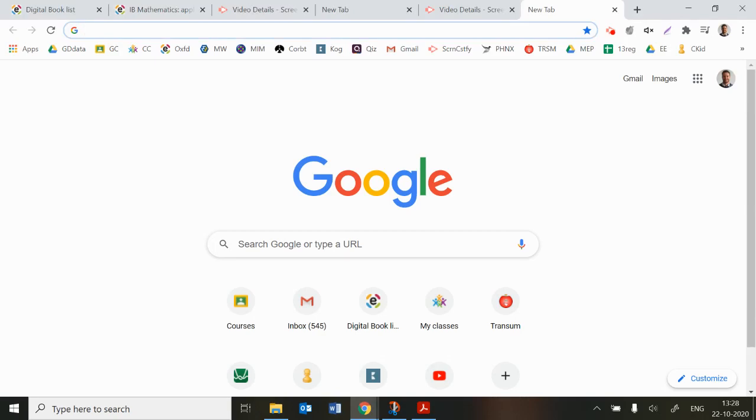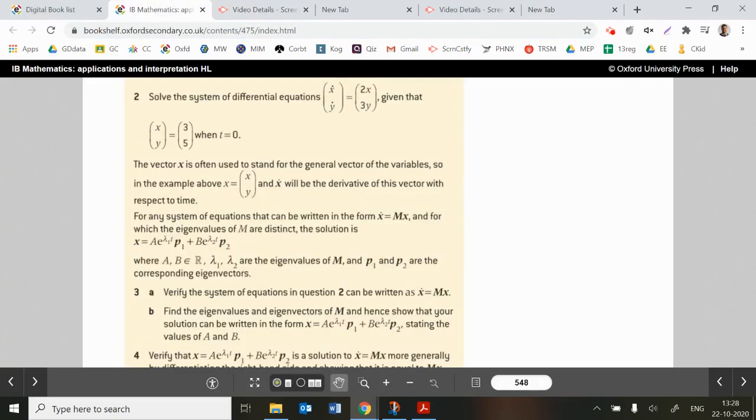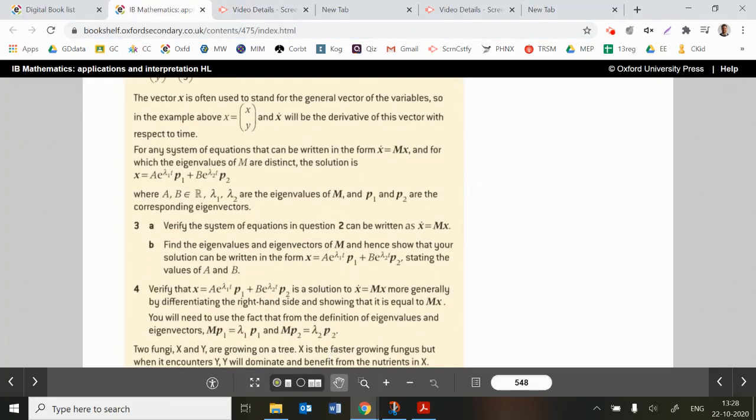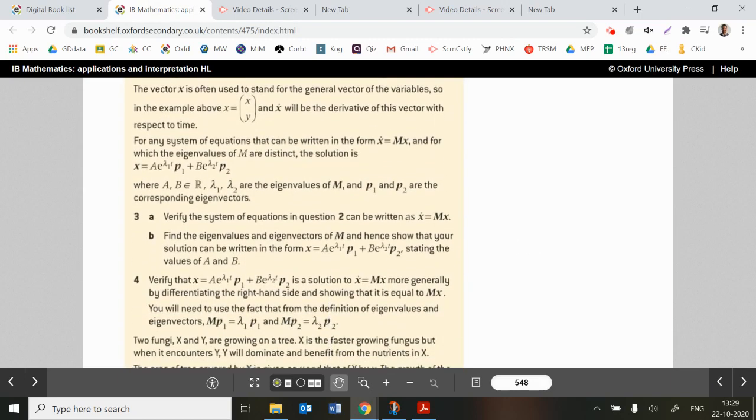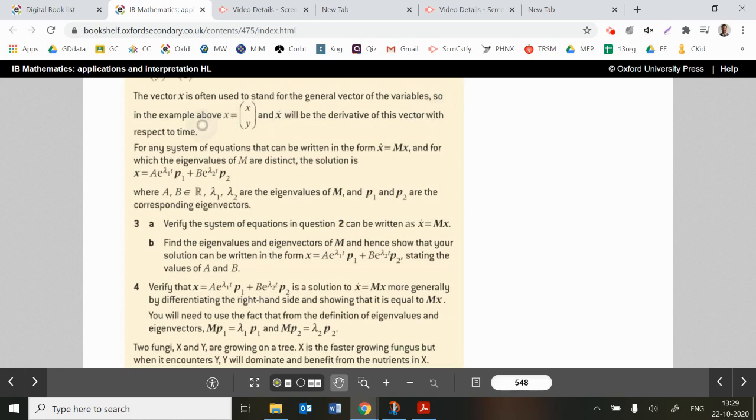Now let's look at the next bit. So the next bit says the vector x is often used to stand for the general vector of the variables, which is what we've talked about, which is xy, in which case they should have a capital bold X here, and x dot will be the derivative of the vector with respect to time. We've done that.